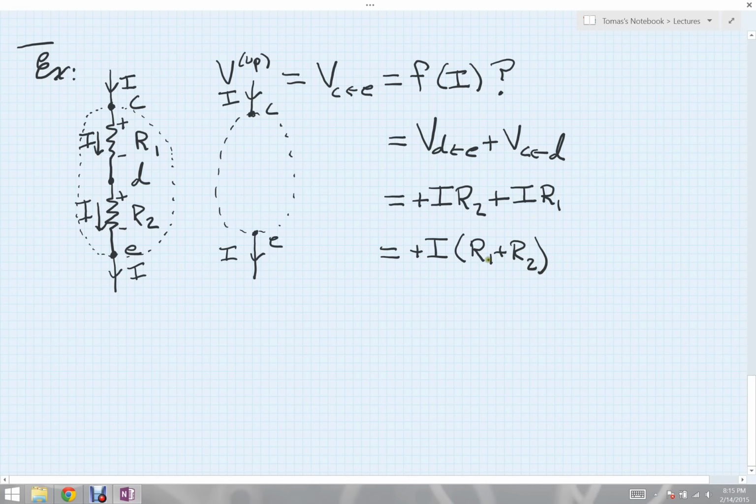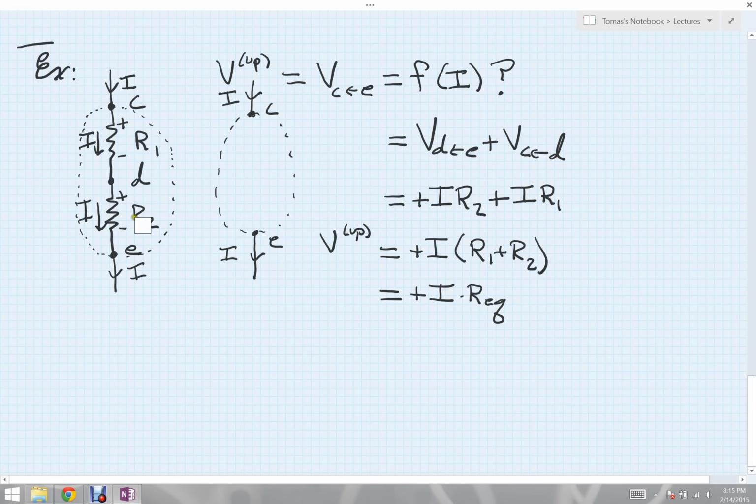At this point, we can look at this and say, oh, wait a minute. This equation, V up equals I times some resistance, just looks like the standard terminal characteristic for a resistor of a particular resistance, which we might call R sub EQ. It's some equivalent resistance to the original combination.